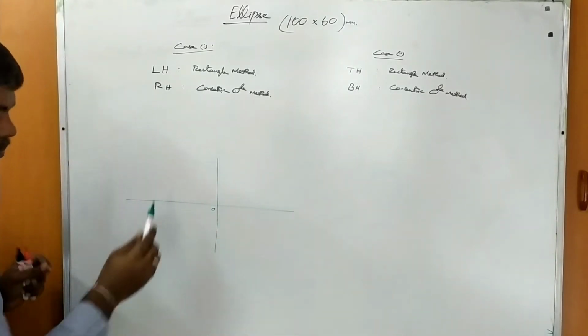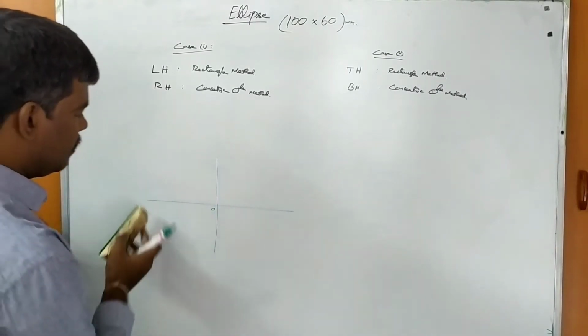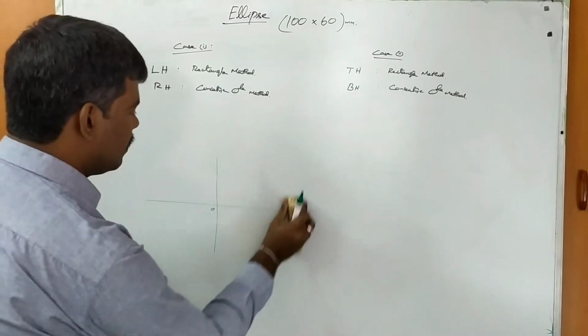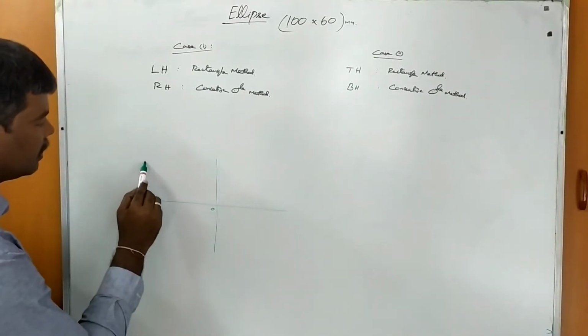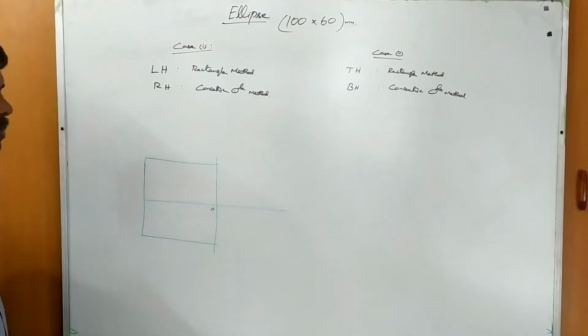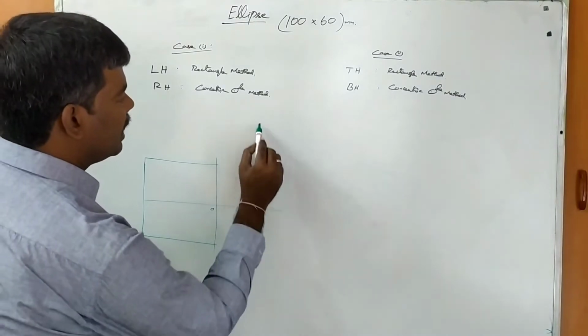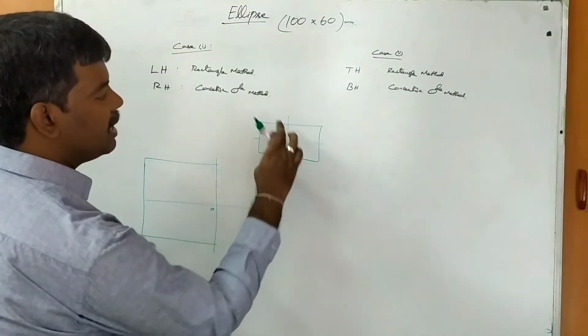After that you construct a rectangle, so 30, 30.